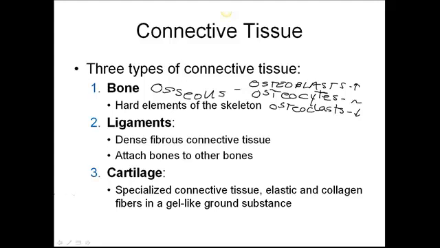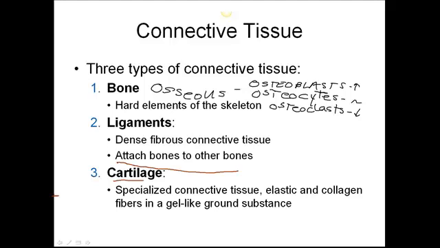And these attach bones to bones. So what you need to remember is that ligaments attach bones to bones, and tendons attach bones to muscles. It's a good test question. People forget that. So you just have to make that distinction.